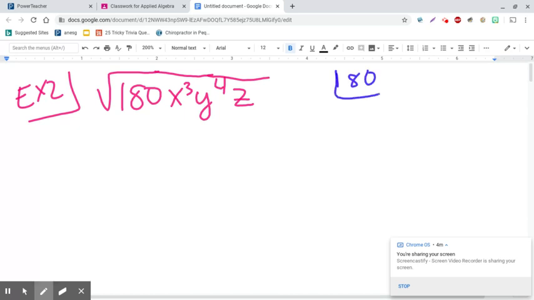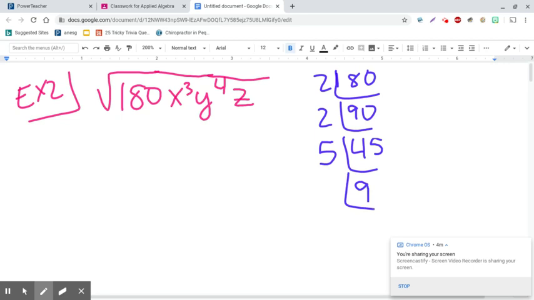Even, so I'm going to go with 2. Gives me 90, also even. I'm going to give it a 2. 45. 45 is not even, but 45 ends with a 5, so I'm going to do a 5 into it, which gives me 9. 9's not even, but 3 goes into it, which gives me 3, 3, and 1.